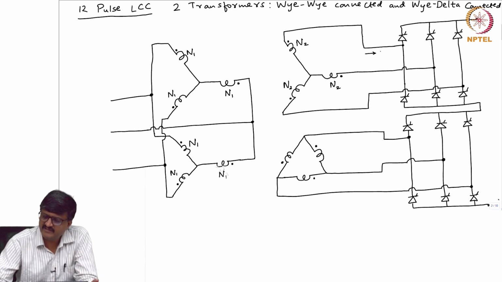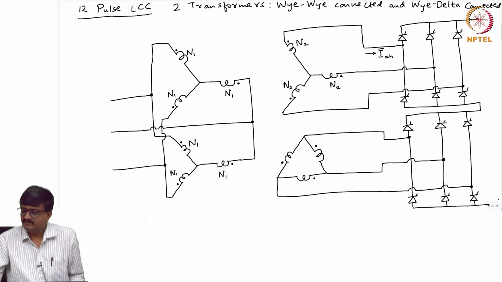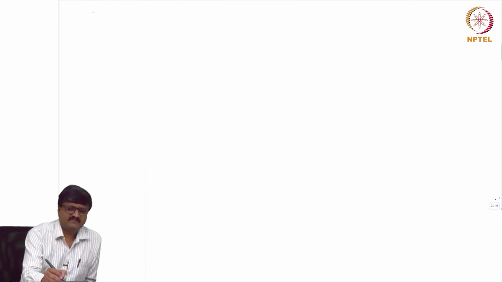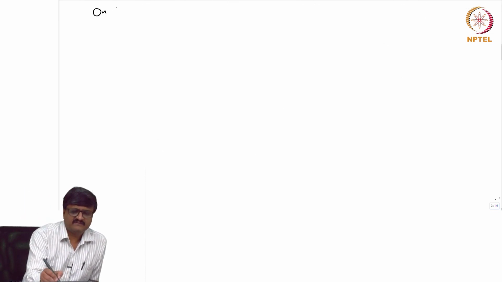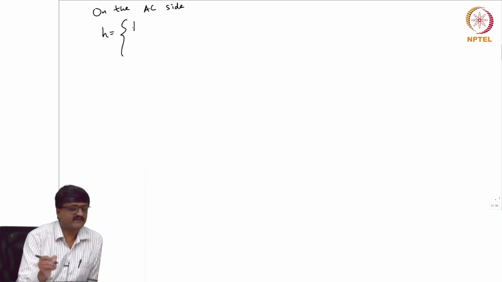Now, there is a fundamental component as well as harmonic component. So, I use a notation like this. This is A phase current. So, I with a subscript A and another subscript H, and since this is complex, I put an arrow, IAH. Now, here this H on the AC side, what we mean is H takes a value of either 1.